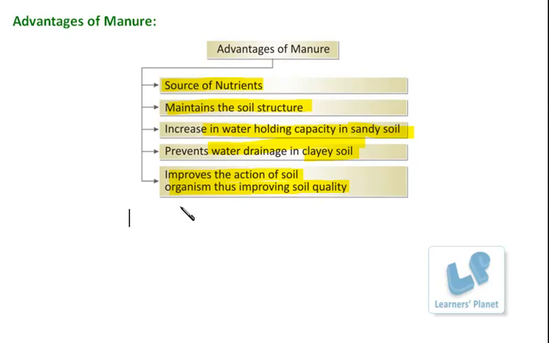If I consider the fertilizers, then fertilizers are the chemical compounds, right? And they are causing pollution also. Besides, they are required in small quantity, that's the advantage. But the timing should be proper.